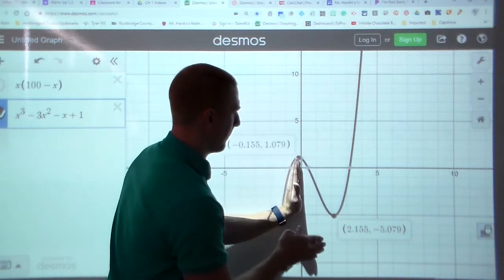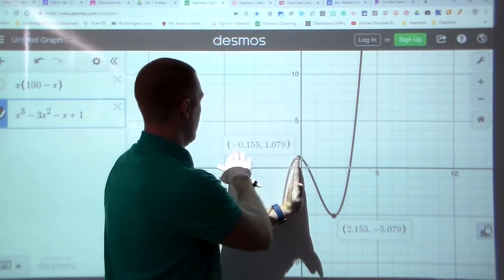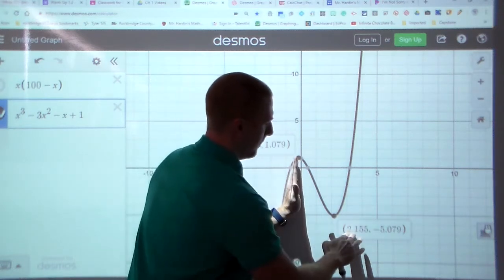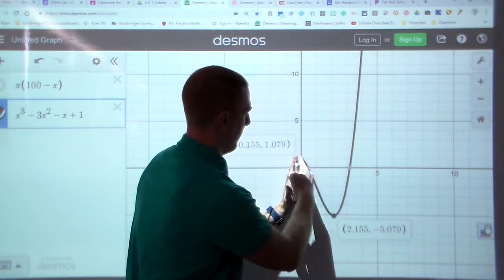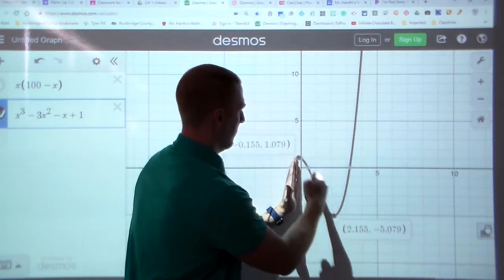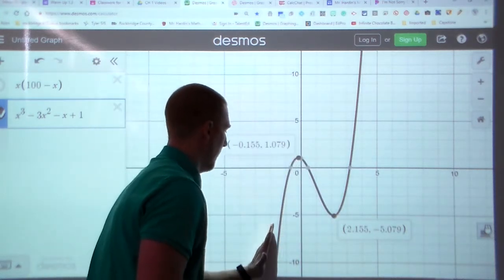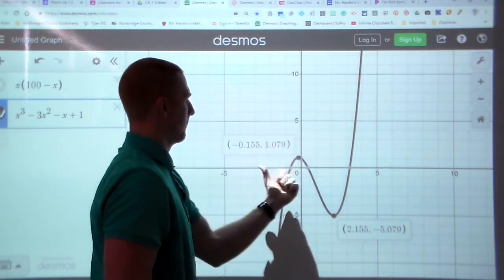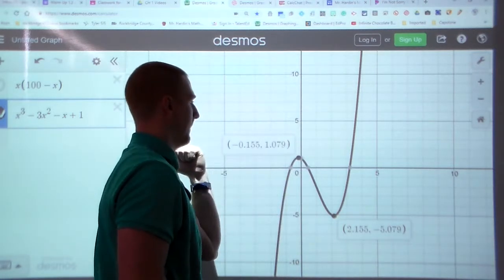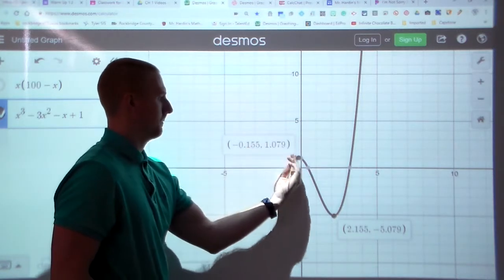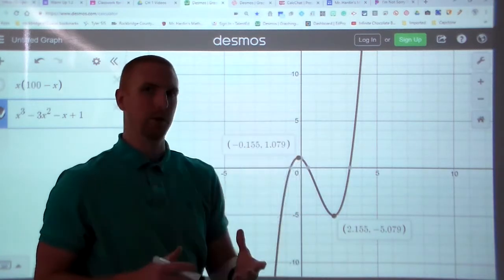So when I make the domain here in a second, it's from negative 0.155 to 2.155. That's the domain where this part is going on. So I'm increasing, I'm going uphill from eternity past, so negative infinity, up until negative 0.155 for an x value. Again, it's all about the domain.